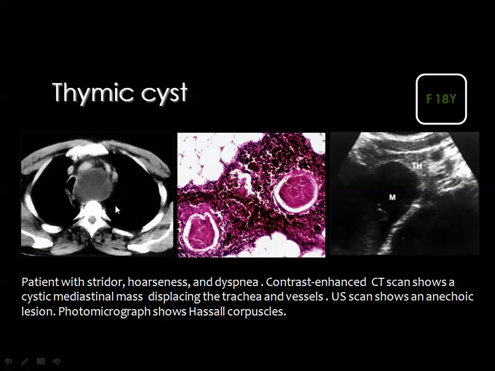And this is an anterior mediastinal cyst located along the left paratracheal area, compressing the trachea and displacing the vascular structures. The cyst shows typical appearance on ultrasound, being hypoechoic or anechoic, and these cysts usually show some posterior acoustic enhancement.